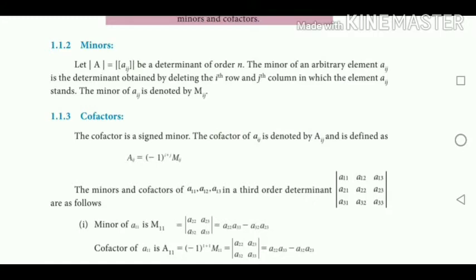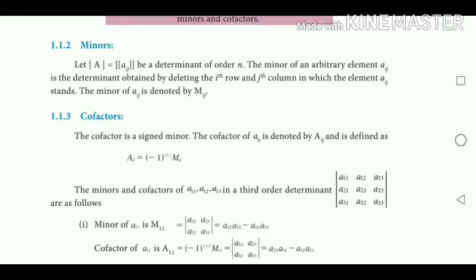The minor of an arbitrary element a of ij is the determinant obtained by deleting the ith row and jth column. For example, if you are finding the minor of the first row first column element, you have to delete the first row and first column. That is the meaning given here.